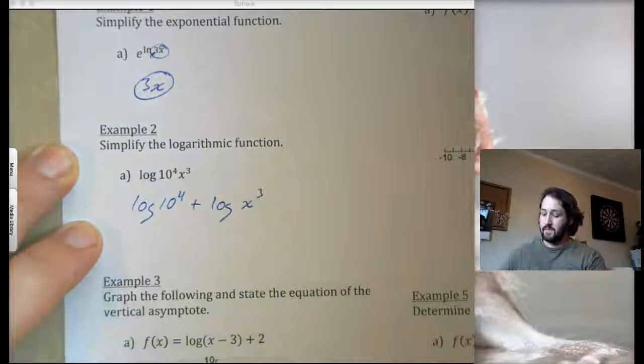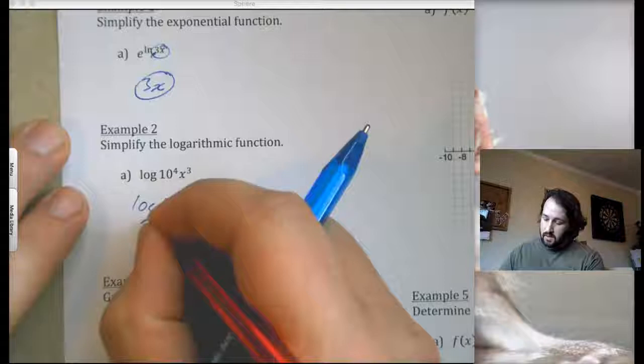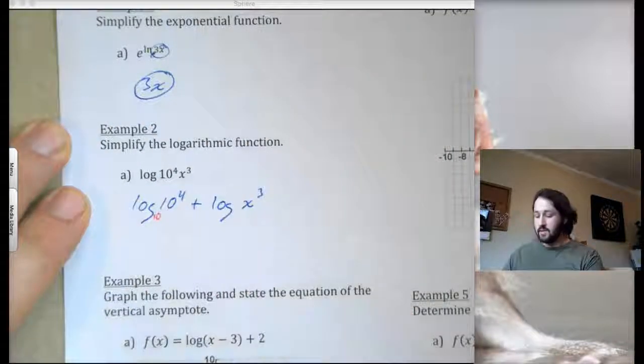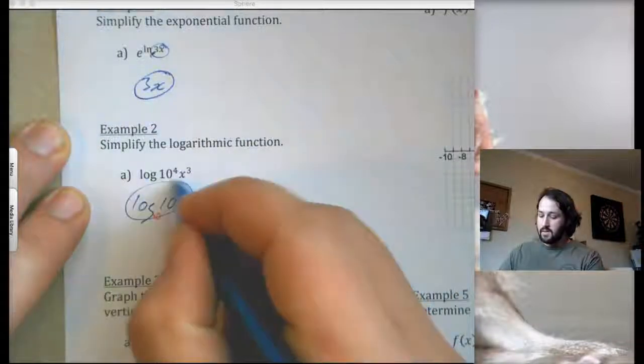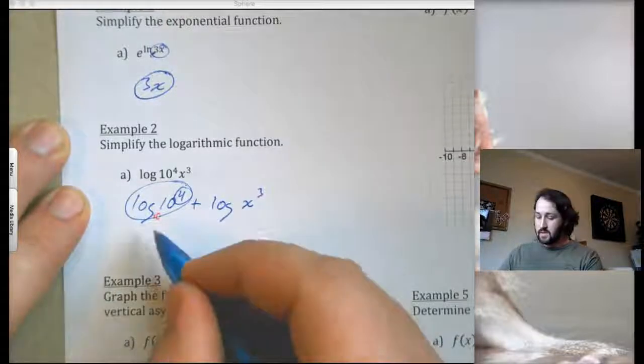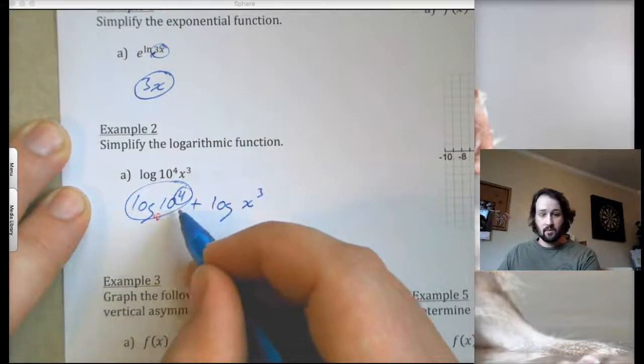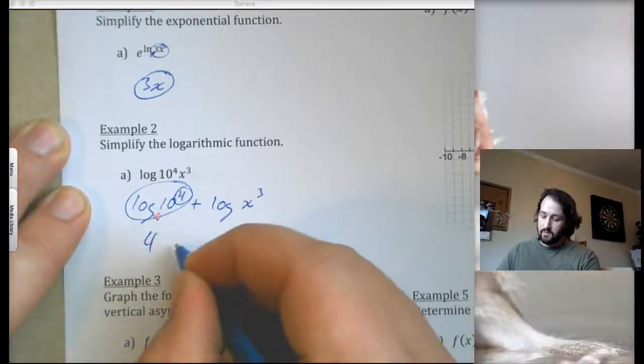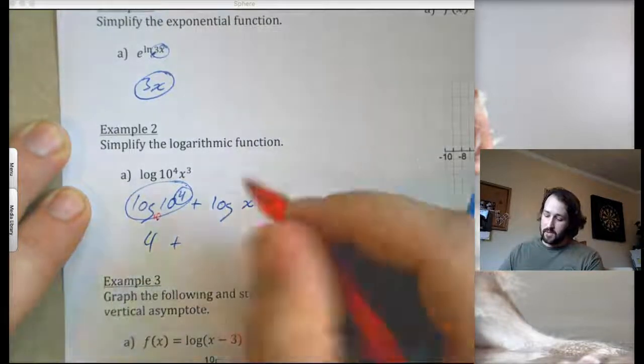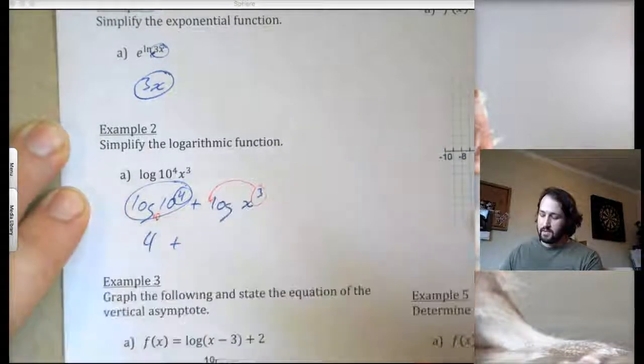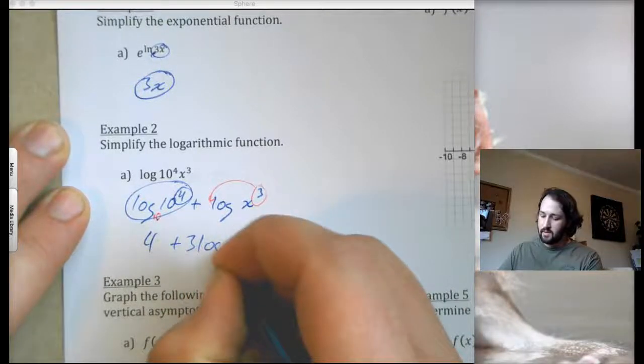Then, again, if the bases are the same, just like here, 10 to the 4th, all of this simplifies to just be 4. So it's 10 to the what power is 10 to the 4th? Well, that would be 4. So this would be 4 plus something else that we can do is we can move the exponent out front. So this would be 3 log of x.